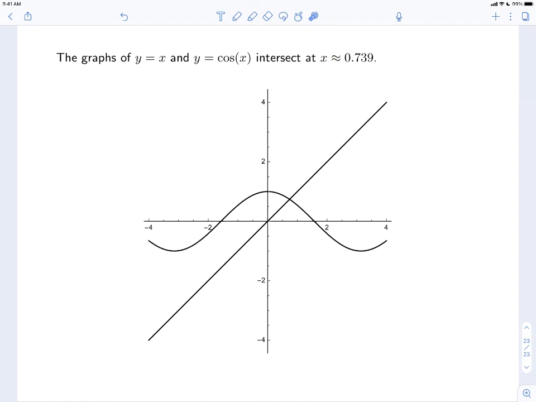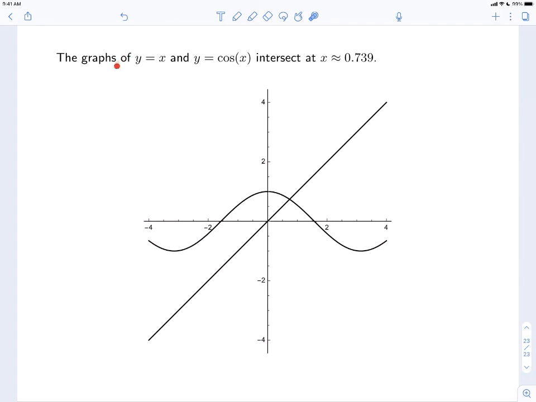One way to think of this problem is that we know that cosine of x is always between minus 1 and 1. And we also know that x is not so restricted. X can be any value, bigger than 1 or less than negative 1. And we know that these graphs are continuous. That means that there are no erratic jumps or gaps or holes.